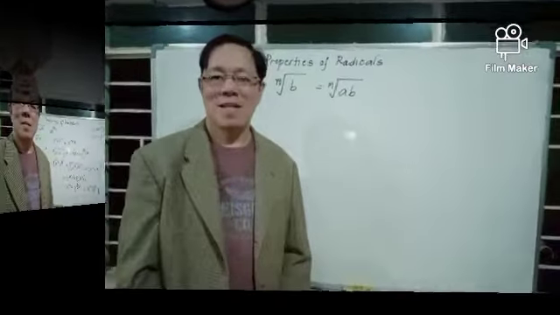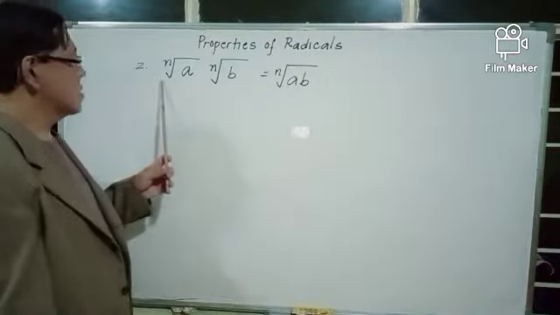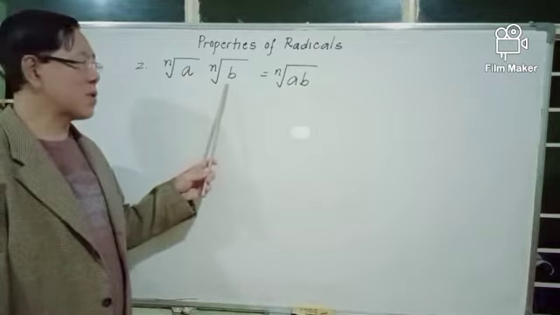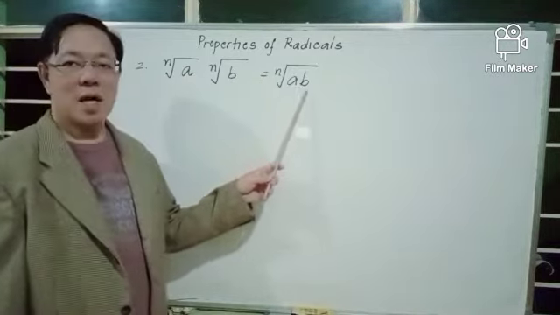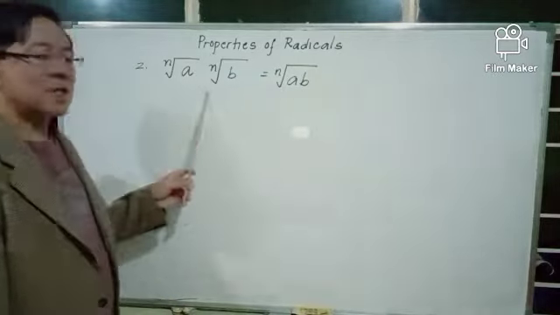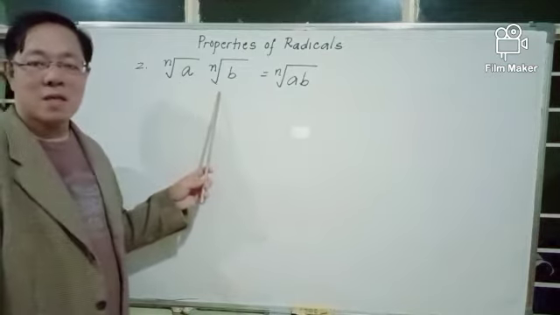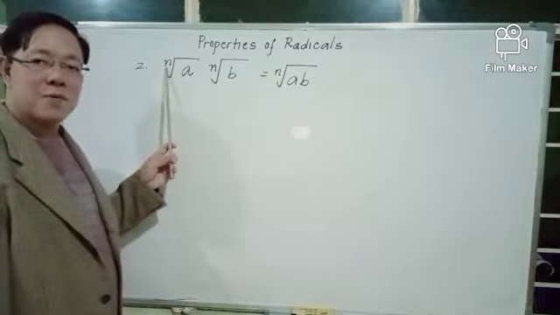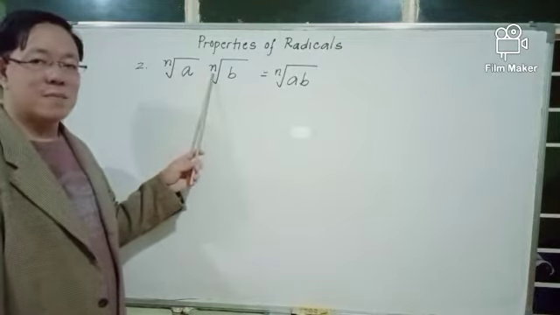We now state the second property of radicals. The nth root of a multiplied by the nth root of b is equal to the nth root of the product ab. Now, using this property, we can write the product of two radical expressions as long as they have the same index n.